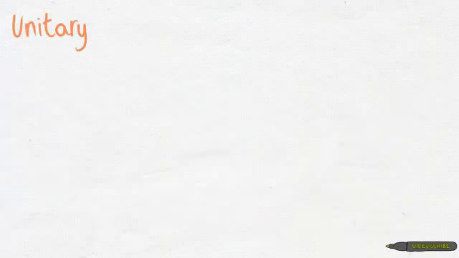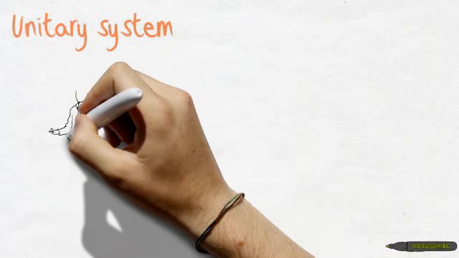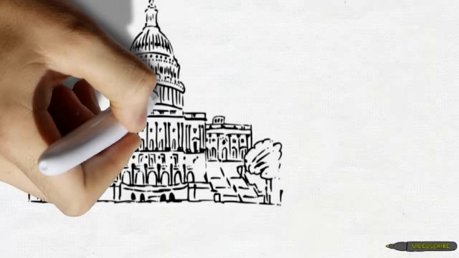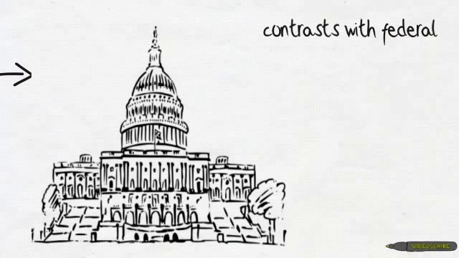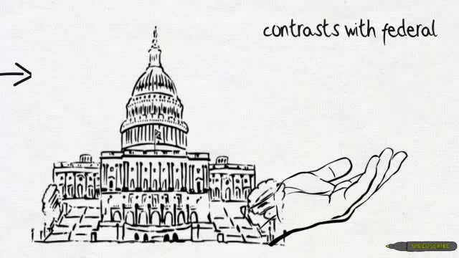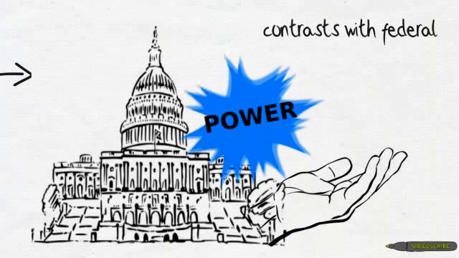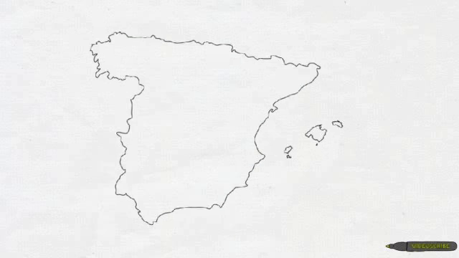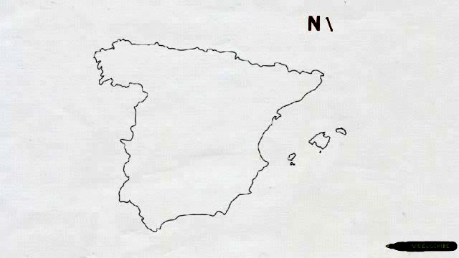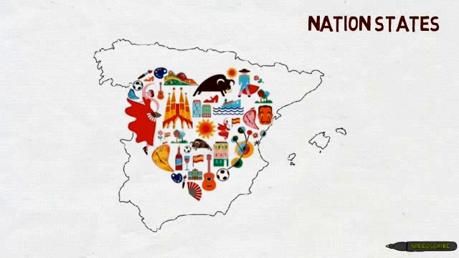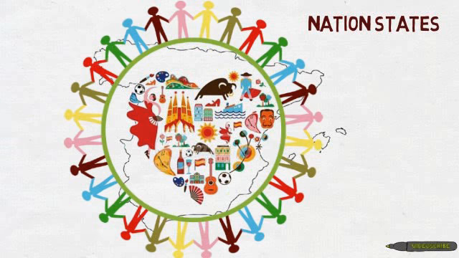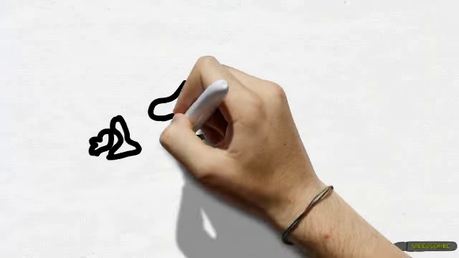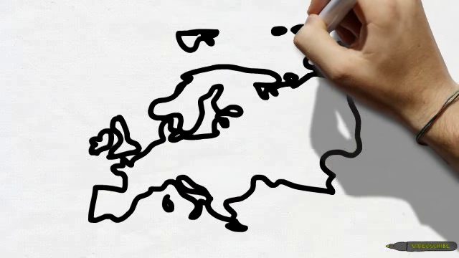A unitary system is one that concentrates all policy-making powers in one central place. It contrasts with a federal system. The unitary government places most power in the hands of central government officials. The unitary government system works best in nation-states with few internal cultural differences and a strong sense of national unity. Unitary states are especially common in Europe.